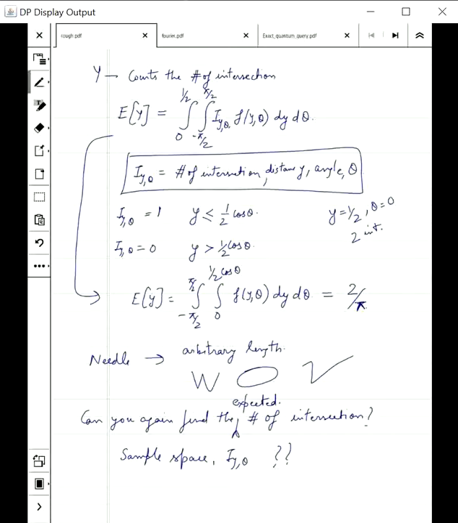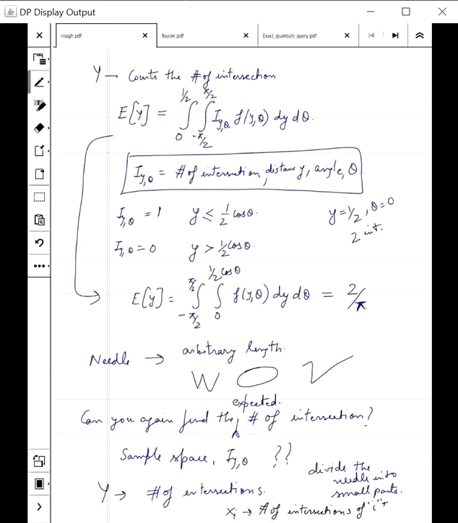Again, let y be the number of intersections. Divide the needle into small parts. Say xi is the number of intersections of the ith part.